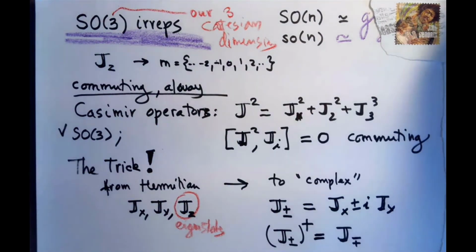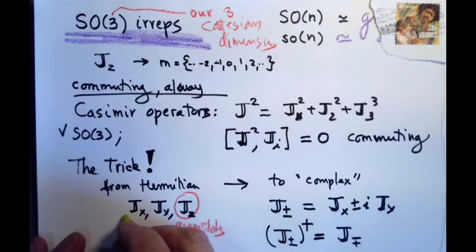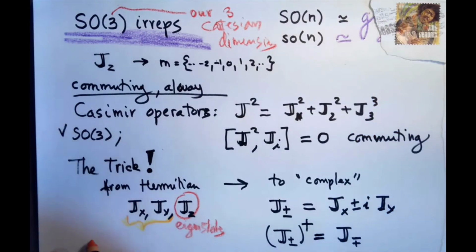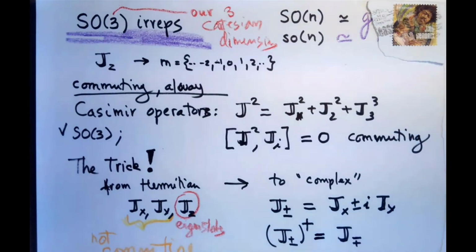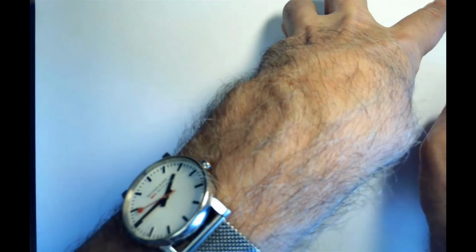But now you have to account for the action of these guys, and they're not commuting, so you have to do something, and it turns out that's a trick. Are you still with me? Yes, it appears so. Oh, everybody's here, sort of.